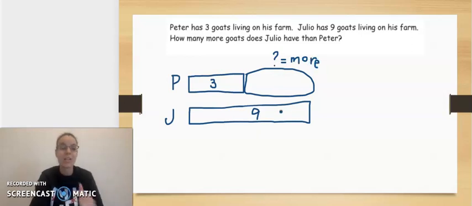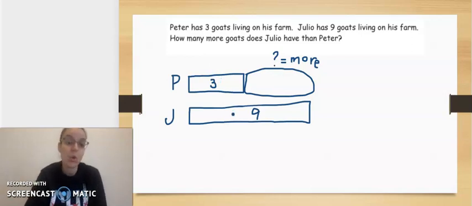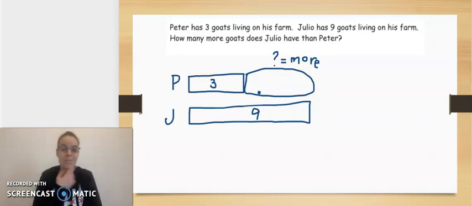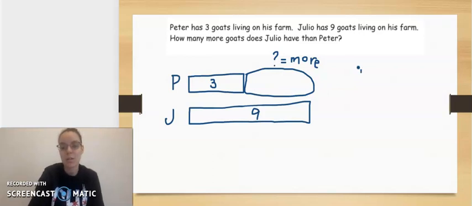Cool. So I know when we have a total and we have one part, we can either subtract, so we can do 9 minus 3, or we can count on from 3 until we get to 9. This time I'll subtract. So let me go ahead and write my situation equation. 9 minus 3 equals question mark.